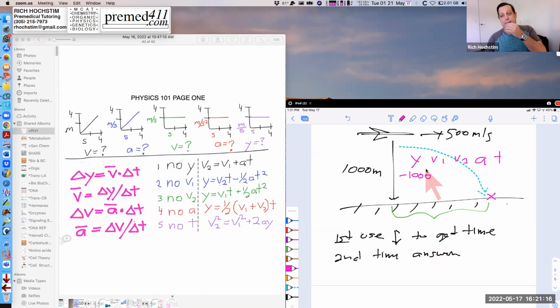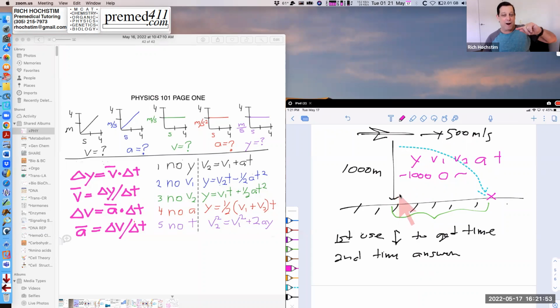What I sometimes do is use Y for vertical and X for horizontal if I want to remind myself. I don't always do that. Okay, so what we have here is 0. And then over here, the velocity isn't going to change, not of the plane. But what's going to happen is the object is going to drop. So the V2 is going to represent the object here.